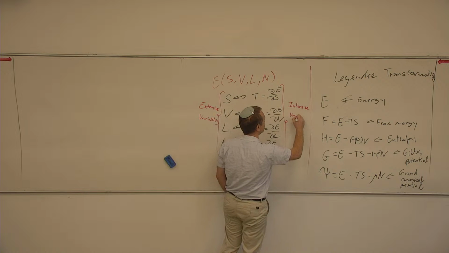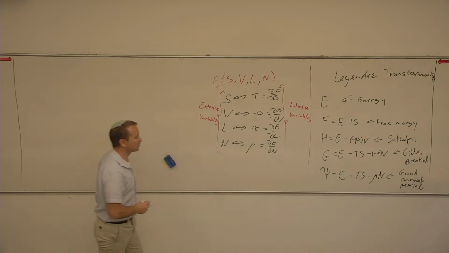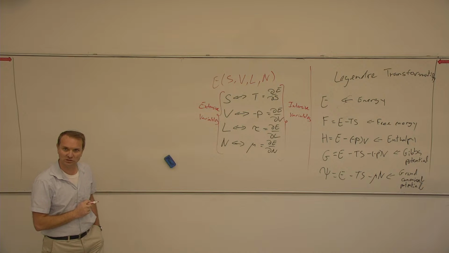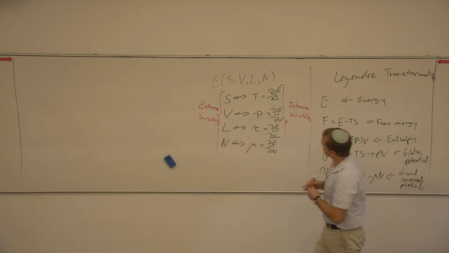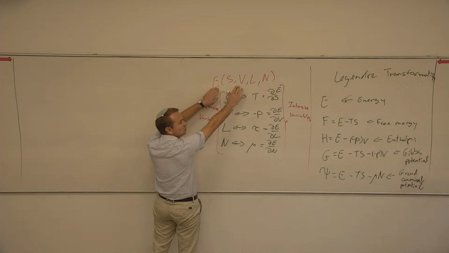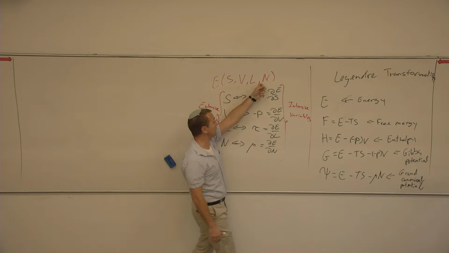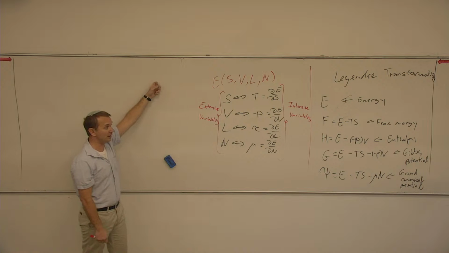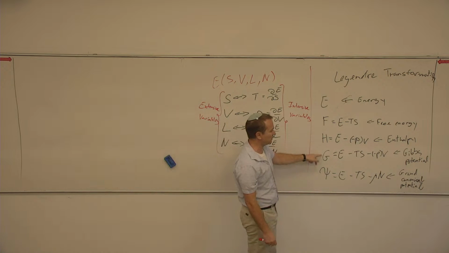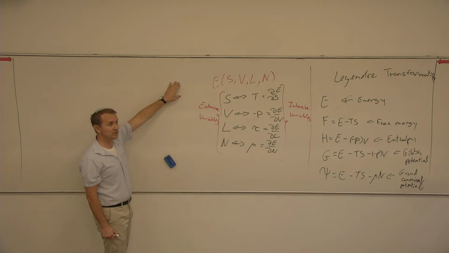What the Legendre transformation generally does is transform a function, energy, which is a function of only extensive variables, into another function, be it free energy, enthalpy, Gibbs potential, grand canonical potential, or whatever other function you like, by using a transformation.